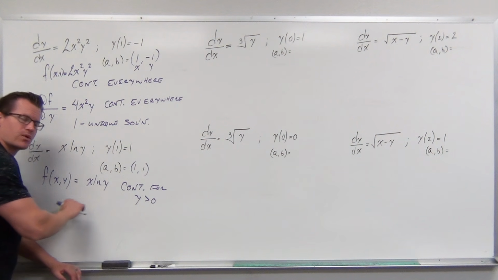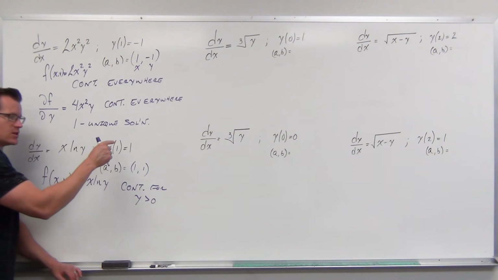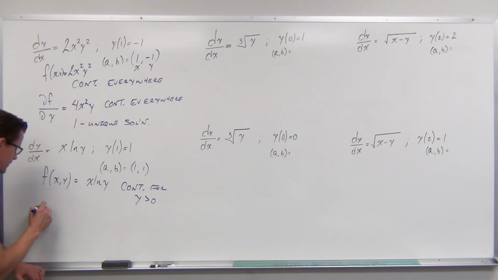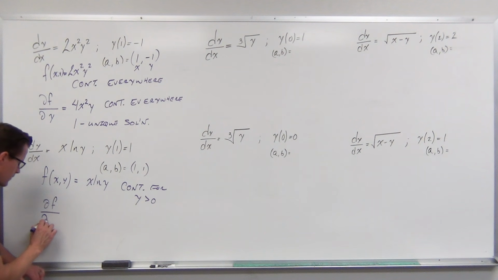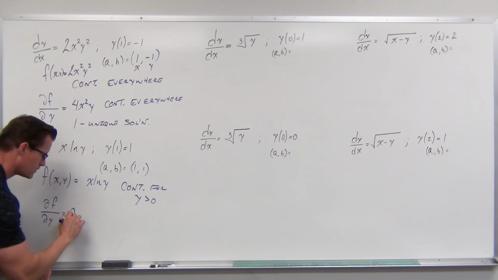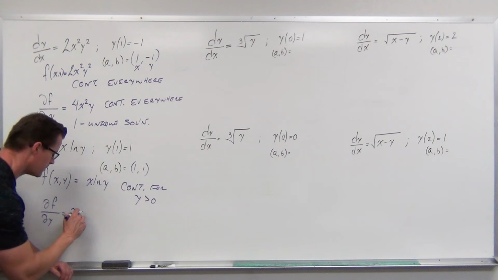So this statement right here says that we have at least one solution to this differential equation in the neighborhood of that point. Now we check the partial derivative. Partial derivatives leave x's alone, treat them as constant, and take a derivative of the function of y.